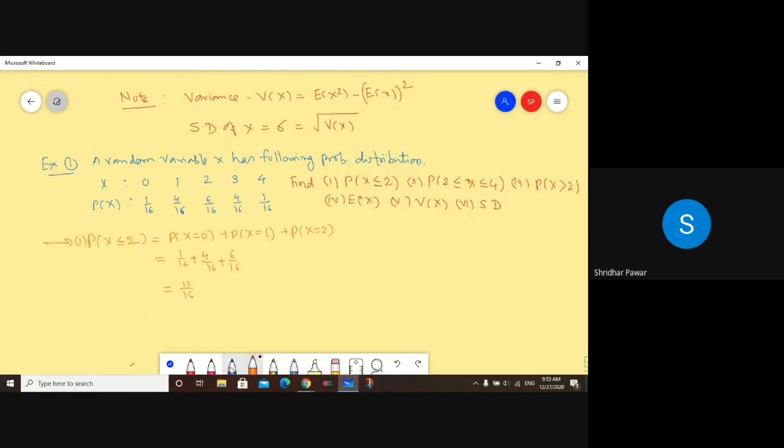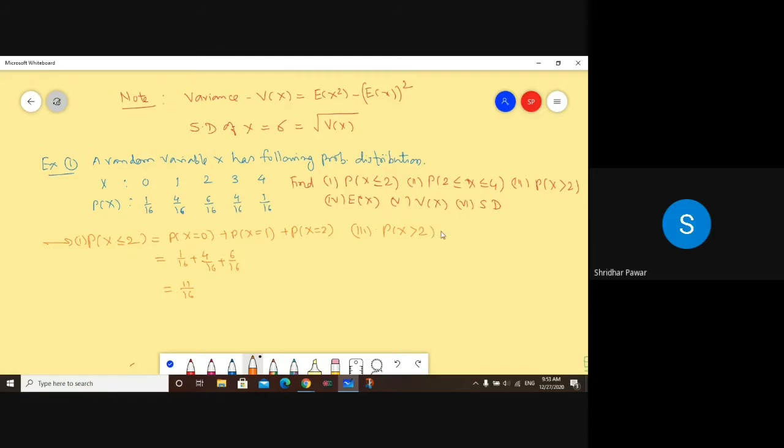Now see, I will immediately say, what is the complement of x less than or equal to 2? It is x greater than 2. Okay, because the sum of the probabilities is 1. Now I will write directly the answer of number 3, probability of x greater than 2.